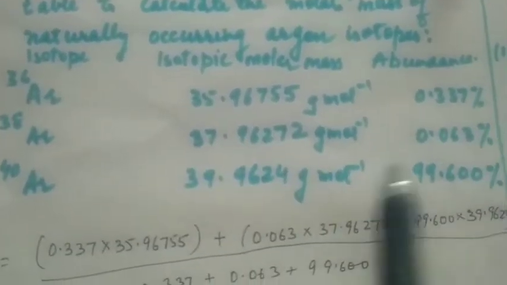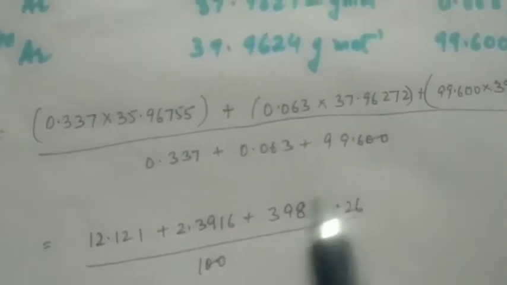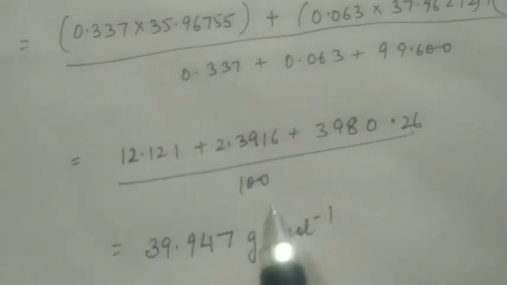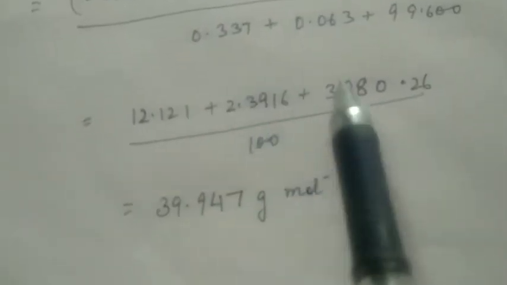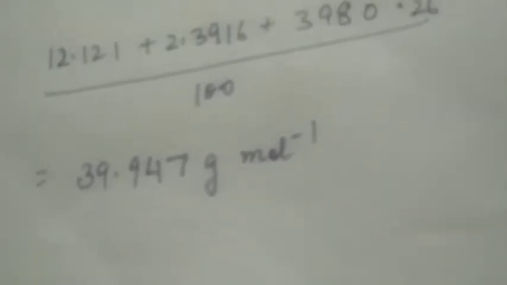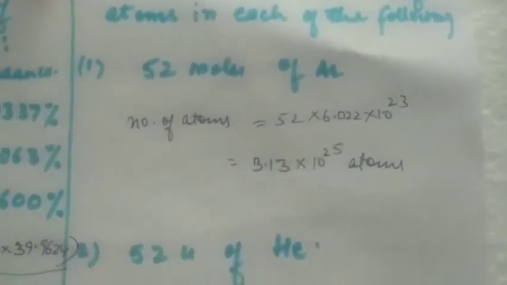Then similarly for others, we add all the 3 up and divide by the sum of the abundances, which comes out to be 100. So on dividing, the answer comes out to be 39.947 grams per mole. Next numerical is calculate the number of atoms in each of the following.